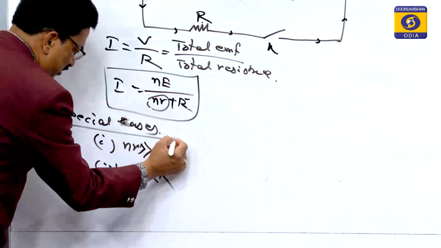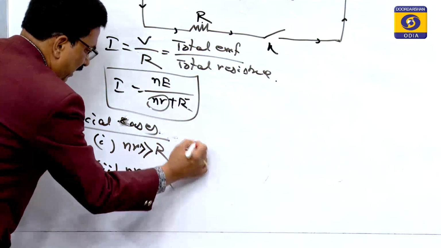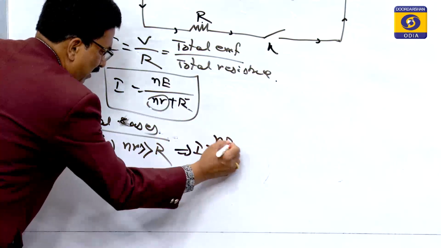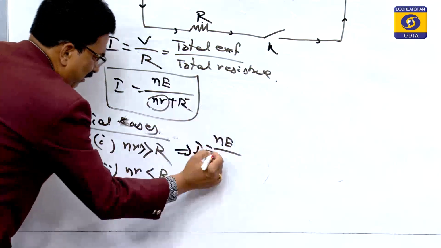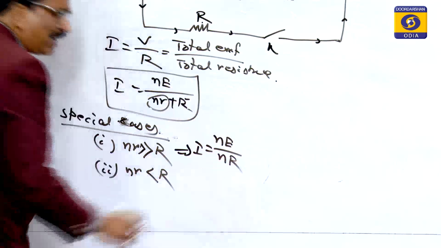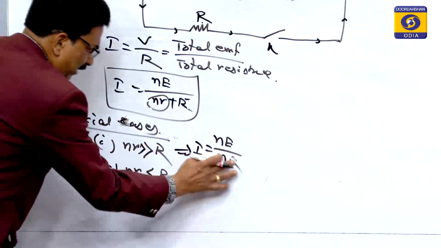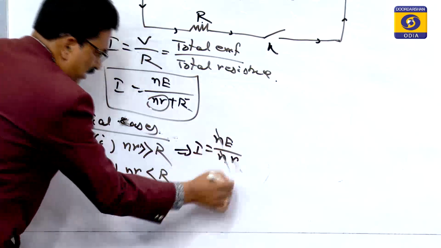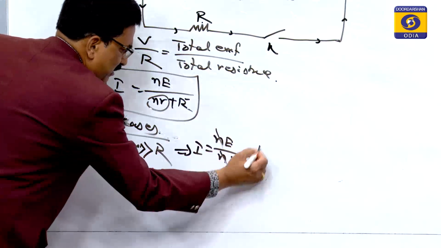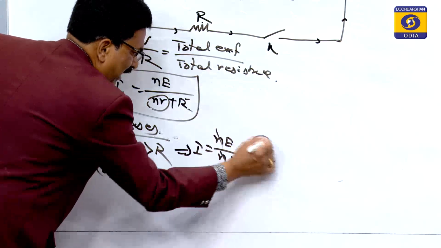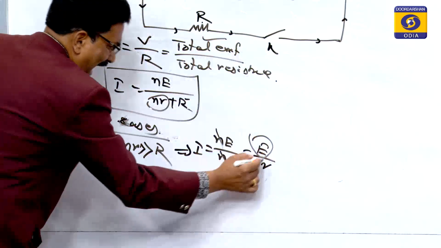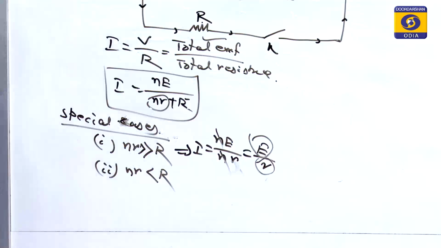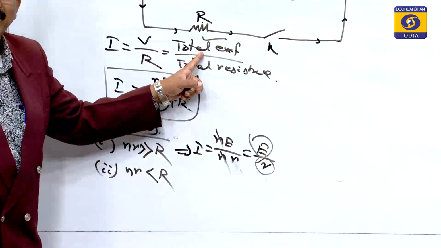Then I will be nE by nr, with n small r. Now n is cancelled, so this equals E by r. E means the EMF, r means the resistance. Whose resistance? It's the internal resistance.